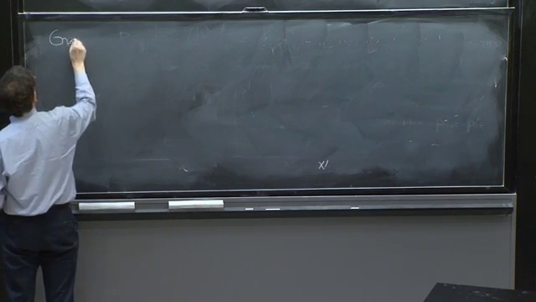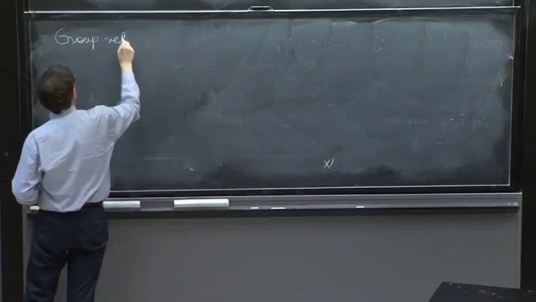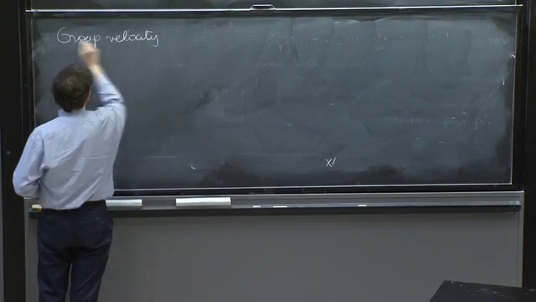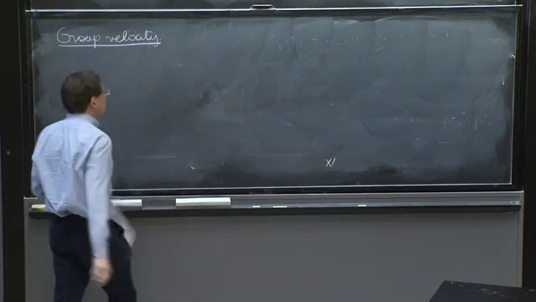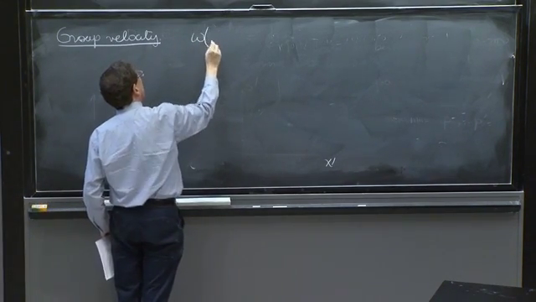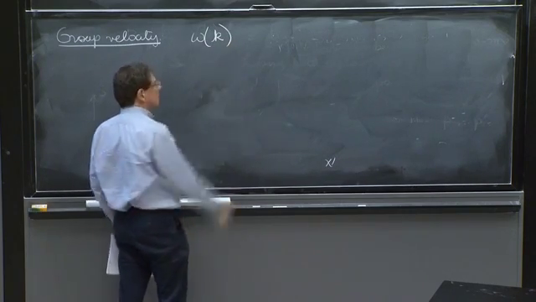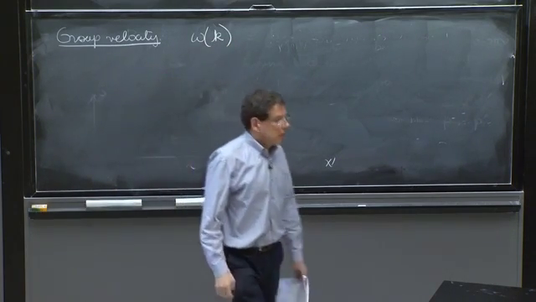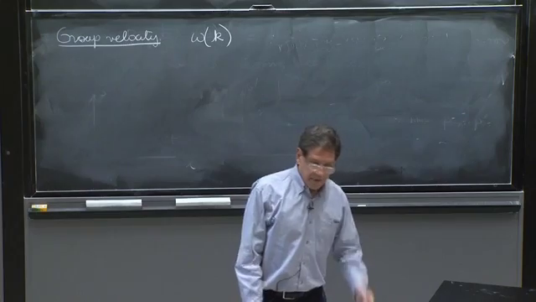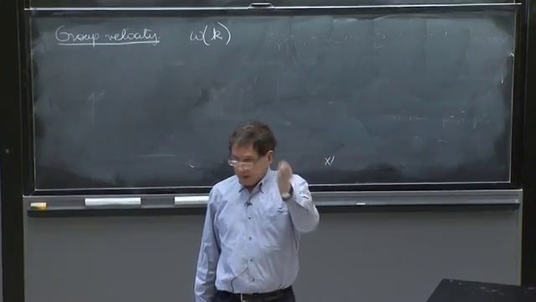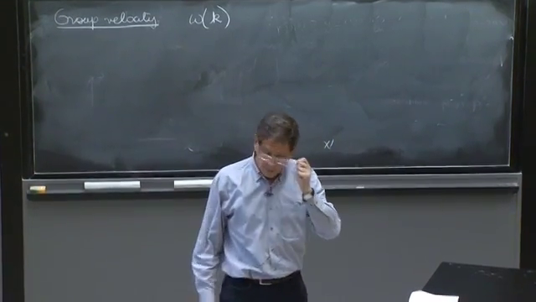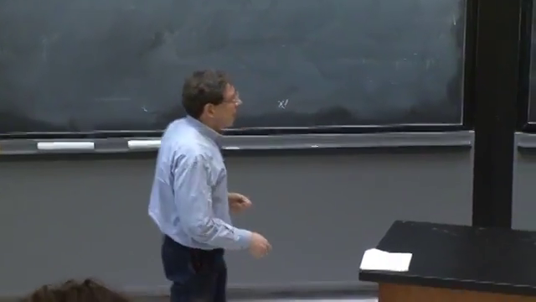So group velocity. We assume that we have an omega of k. That's the assumption. There are waves in which, if you give me k, the wavelength, I can tell you what is omega.